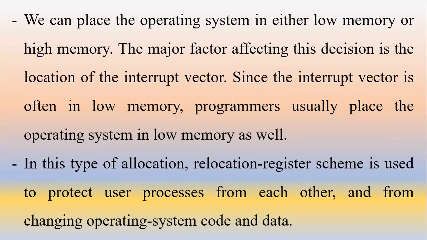We can place the operating system, just as I have said, in either low memory or high memory. The major factor affecting this decision is the location of the interrupt vector. Since the interrupt vector is often in low memory, programmers usually place the operating system in low memory as well.